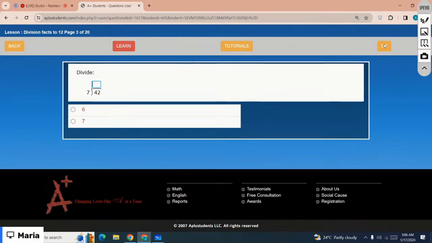Okay, the next one is 42 divided by 7. You need to count the table of 7 until you get the answer 42. So which is the correct option? 7 times what number is 42?